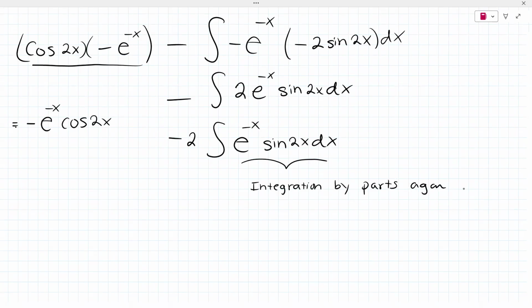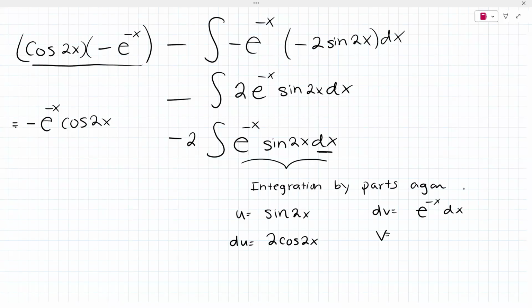So I don't want to do that again, but you have to. So what do you think my u is going to be? My u is going to be sin of 2x. What do you think my du is going to be? 2 cosine of 2x. My dv is going to be e to the negative x. It's the leftover, e to the negative x. Oh, don't forget the dx, right?